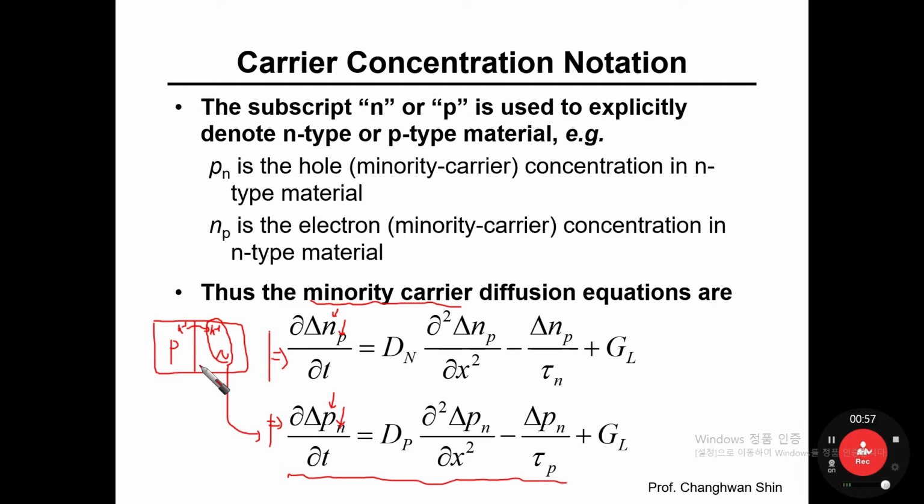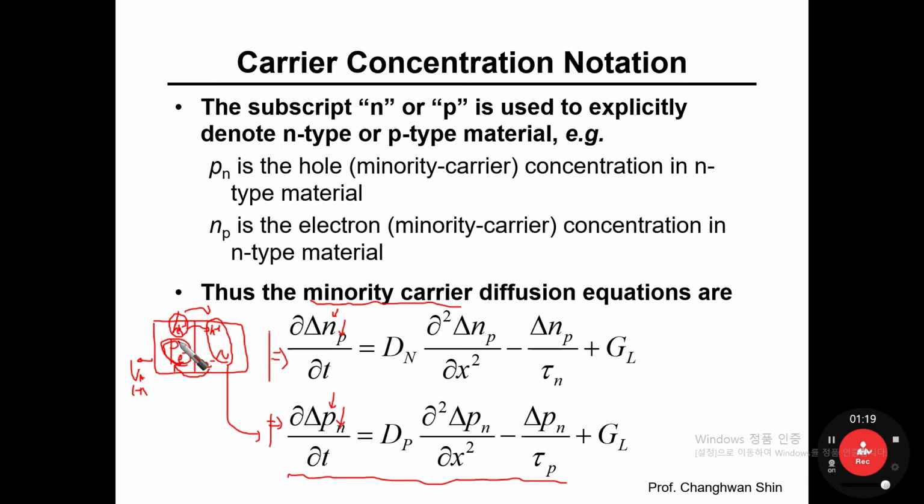In the previous movie clip, I used the case in which holes have been injected into the n-type material, but equivalently, once a positive bias is applied onto the p side, the negatively charged electrons would be injected into the p-type material.